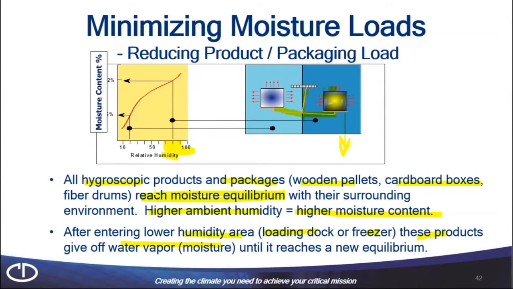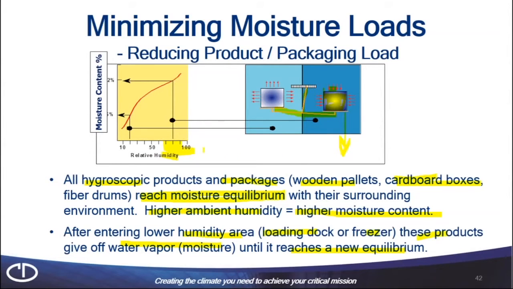And so if, say, 5% of the total weight of the shipped product is the packaging, and that 5% is going to take on 10 or 15% moisture as it moves, that becomes 1 or 2% additional moisture that we can just get rid of by changing our types of packaging. What can we do that's not wood, that's not cellulose, something like that, these items that are going to take on a lot of moisture.